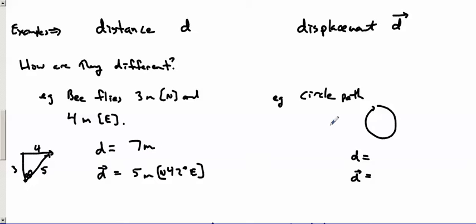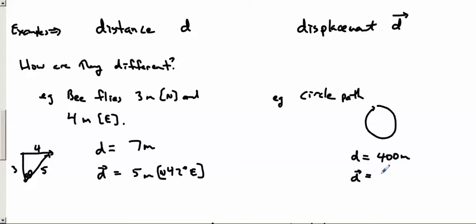Another tricky one that you might encounter is a circular path. If you start at one part of a circular track and you run all the way around, and if it's like an Olympic-sized track, you would have gone 400 meters. That's how far you would have run. However, what is your displacement when you cross the finish line here?